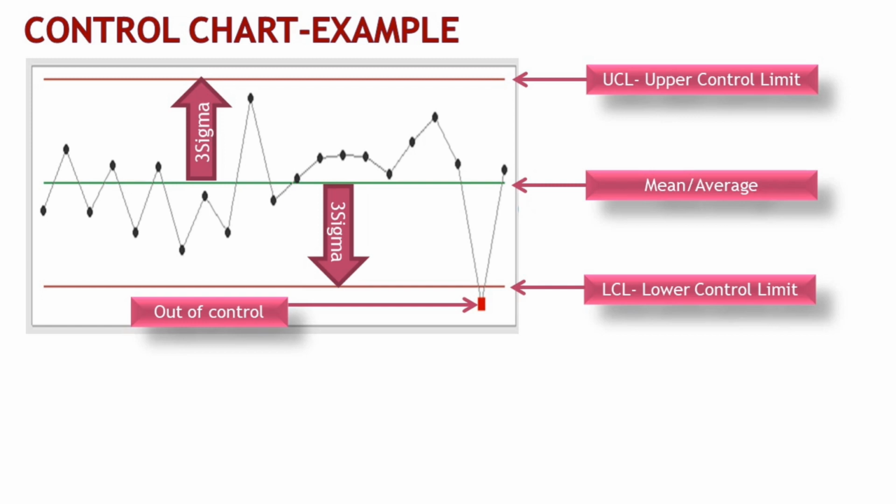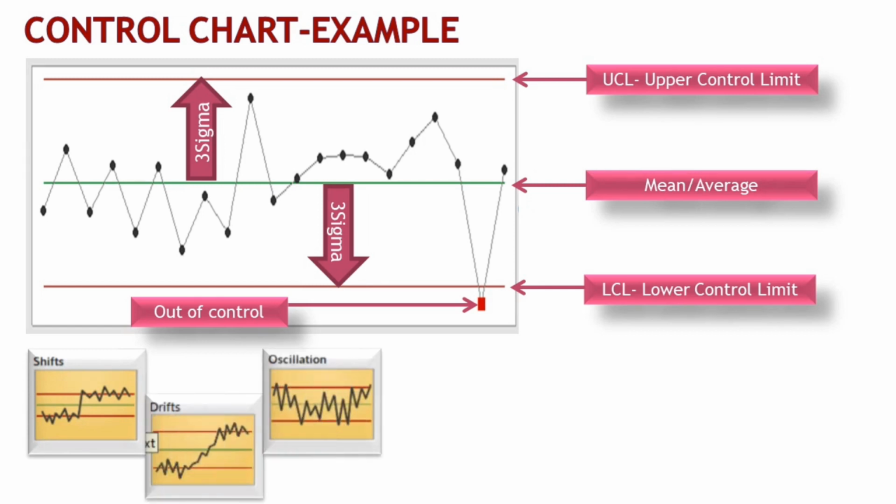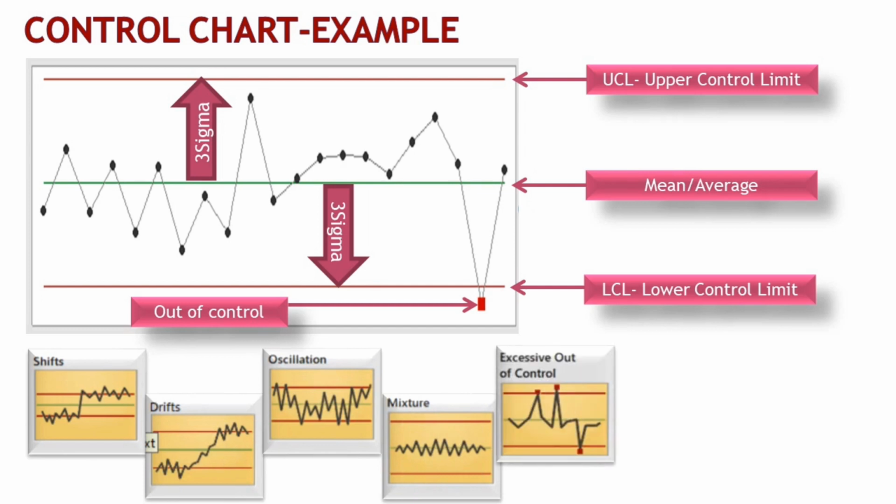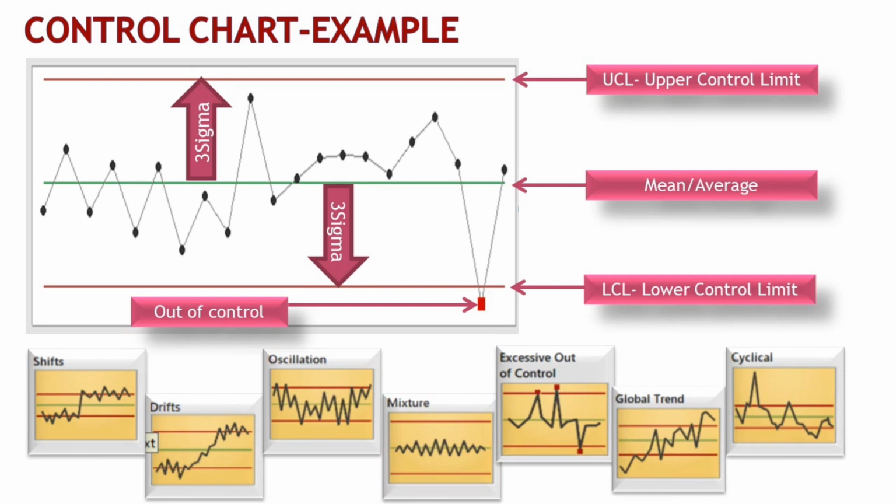Below the control chart, you will find various patterns representing the behavior of the process, such as shift, drift, oscillation, mixture of data, excessive out of control, trend and cyclical behavior. Control charts are incredible tools that help us understand process performance and identify unusual variations so we can take prompt actions for process improvement.